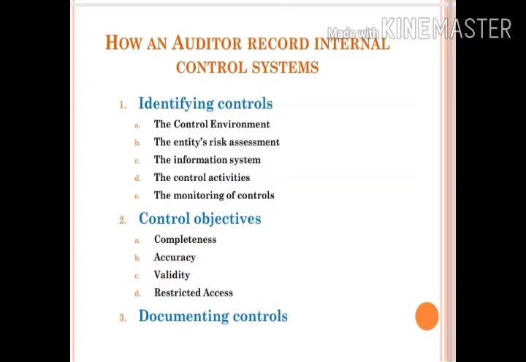They can copy or download those objectives from various internet resources, or they can go directly to the IIA's website. What is IIA? That is the Institute of Internal Auditors.